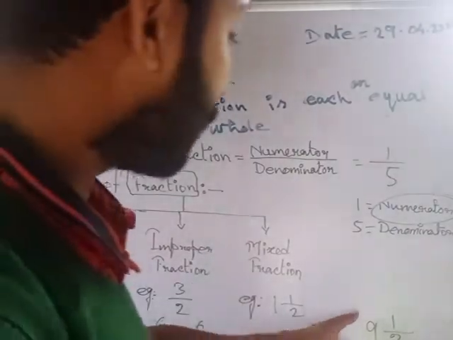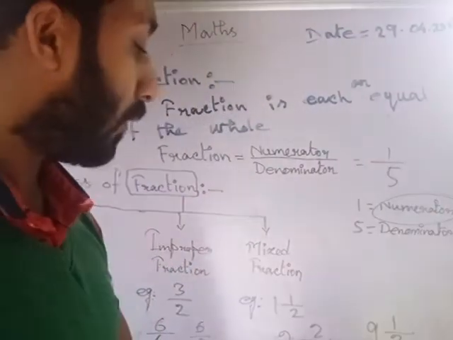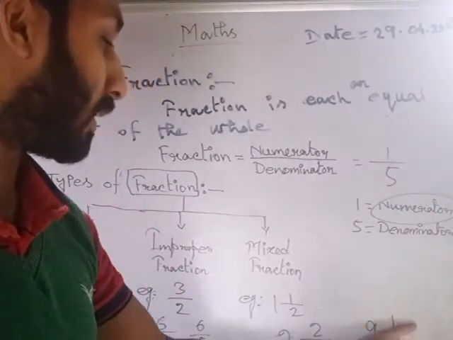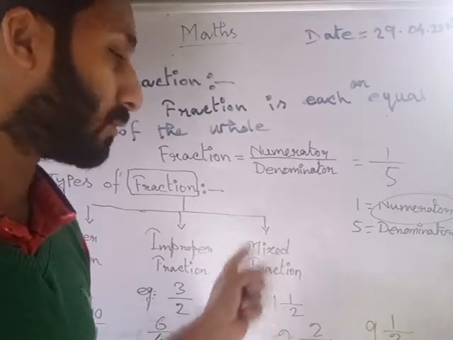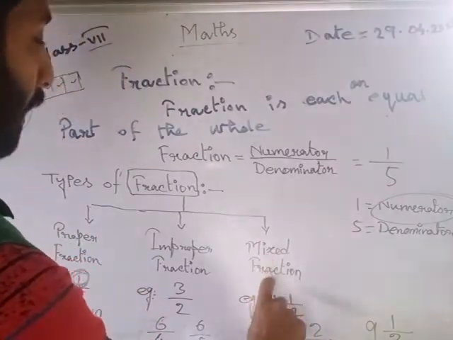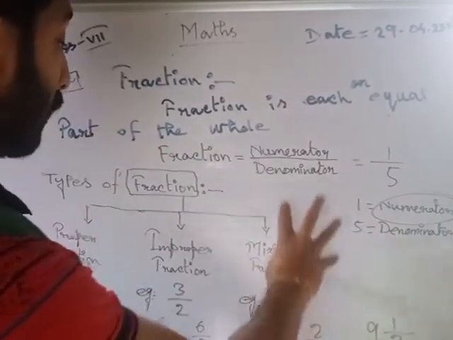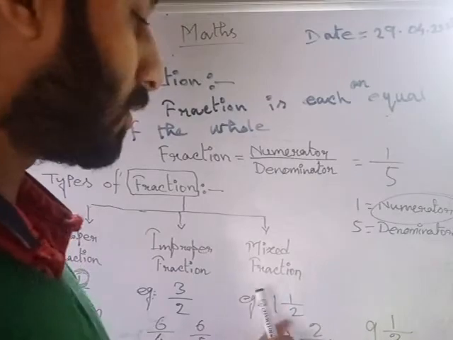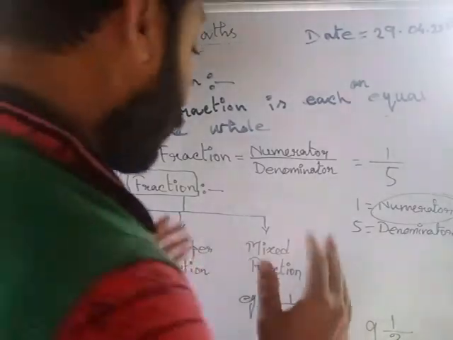There is always a whole number, after that the fraction. That is called the mixed fraction. Okay, how to convert?